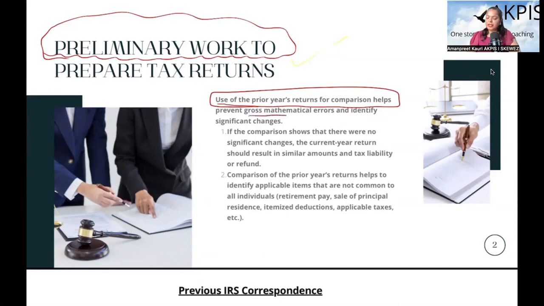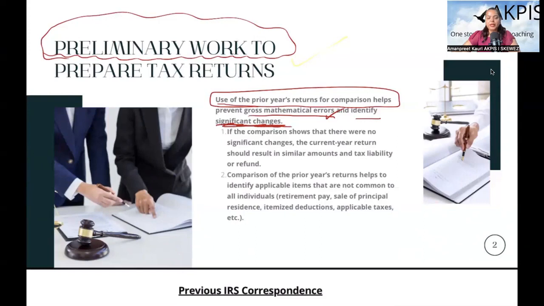Just to prevent any gross mathematical errors. That means for accuracy, if you're filing your current income tax return, you are supposed to refer to the previous income tax return also, to ensure accuracy and to prevent any mathematical errors. And at the same time, to identify any significant changes.